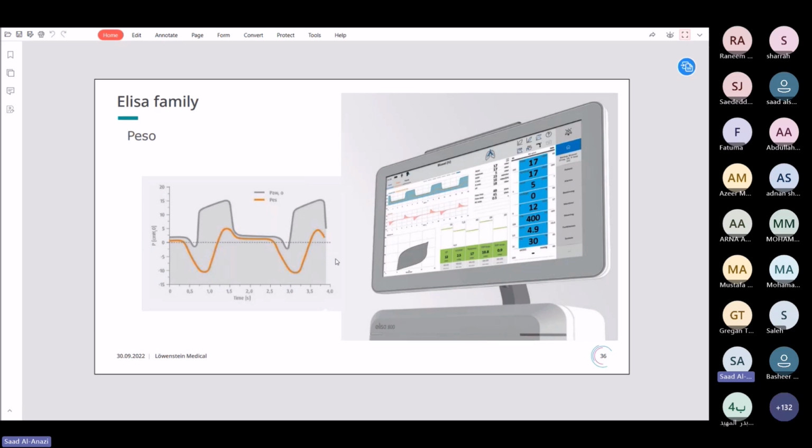Transpulmonary pressure monitoring is a great tool for measuring the optimal PEEP for the patient by measuring the difference between the transpulmonary pressure and the thoracic pressure. How can we apply it? By the NGT. You need to insert the NGT behind the heart, then there is a sensor. This sensor measures the difference in pressure between the thoracic and the pulmonary pressures.